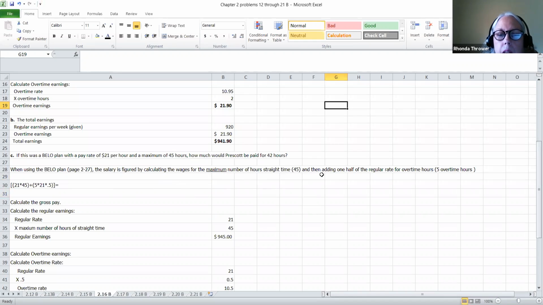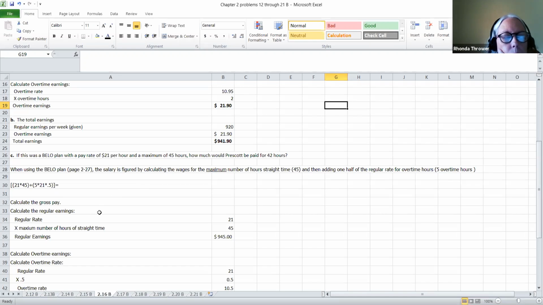And then you're going to add 1/2 of the regular rate for overtime hours. And those overtime hours would be for 5 hours in this case, because they're working a maximum of 45 hours.